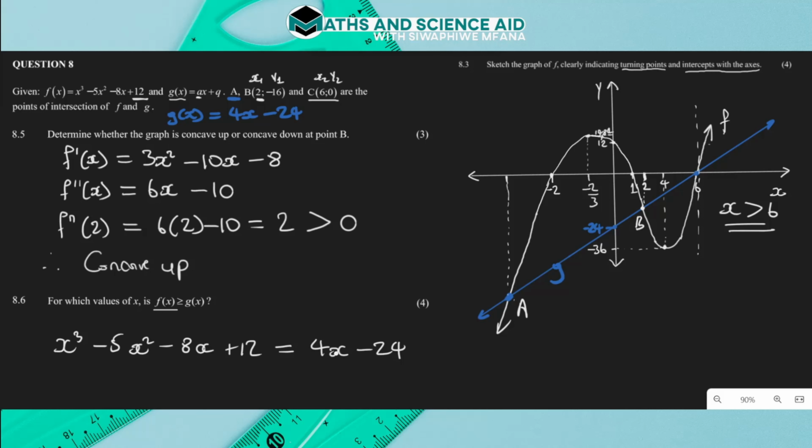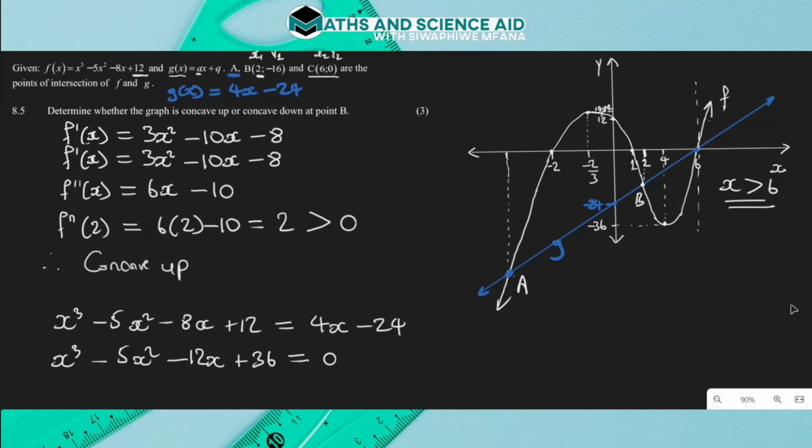So if we take this to the left-hand side, we are going to get x cubed minus 5x squared, and then minus 8x minus 4x is going to give us minus 12x, and then plus 12 plus 24 is going to give us positive 36. So all of that will be equal to 0. And now we are faced again with a challenge of solving for x for a cubic polynomial.